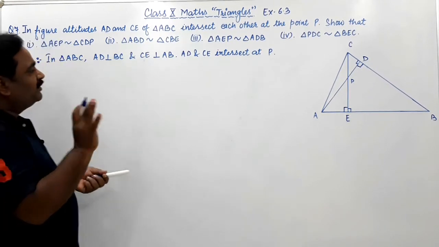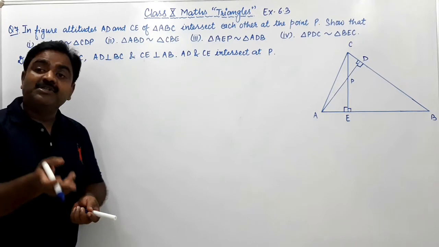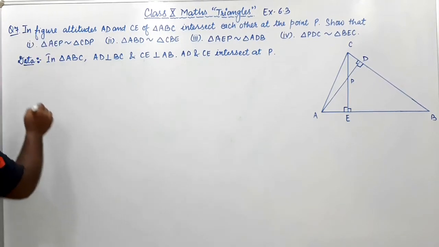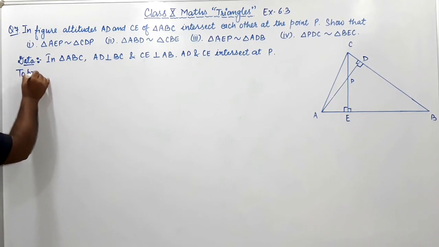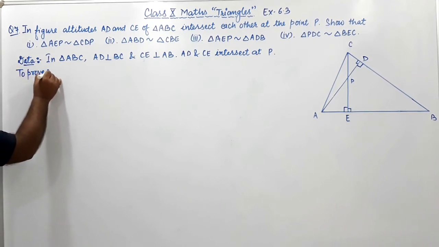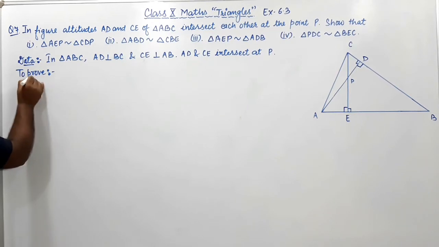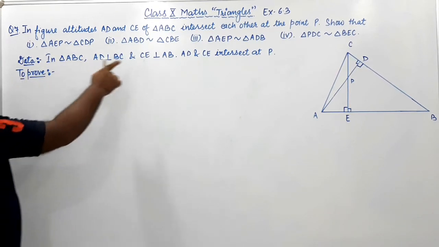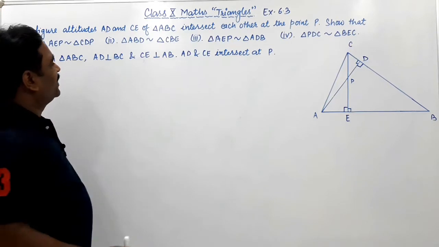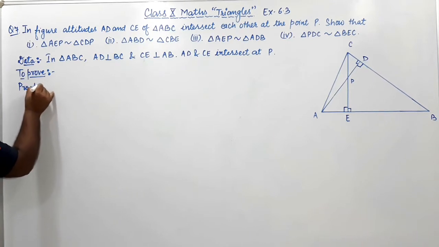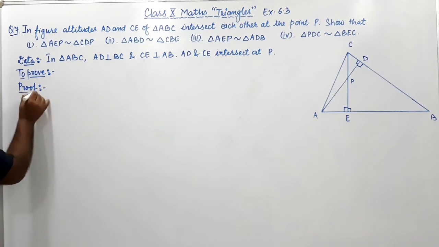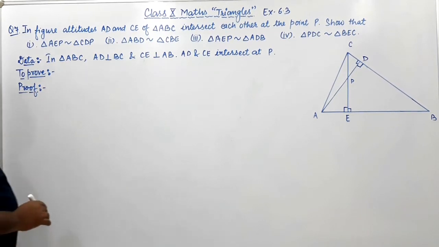Now I am not going to write down the to prove, I am just going to prove directly. You need to write these 4 parts. After that we are going to start the proof, right friends? So let us see the proof.